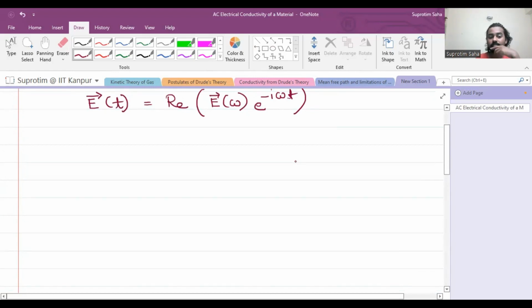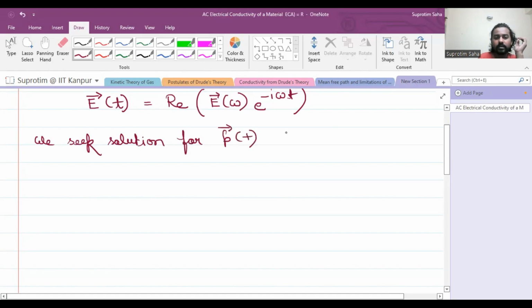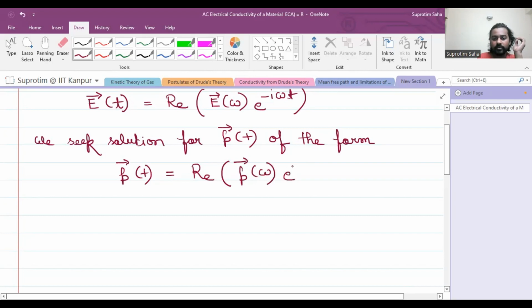So if this is the form of the electric field, we expect that for the momentum p vector, we seek a solution of the form p vector t equals the real part of p vector omega into e raised to minus i omega t.